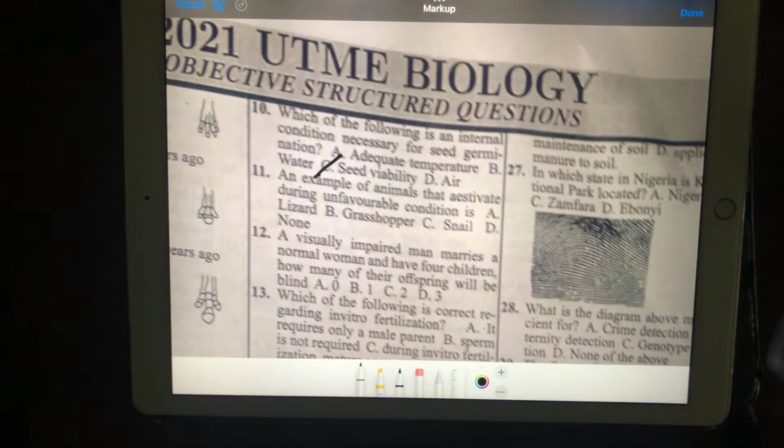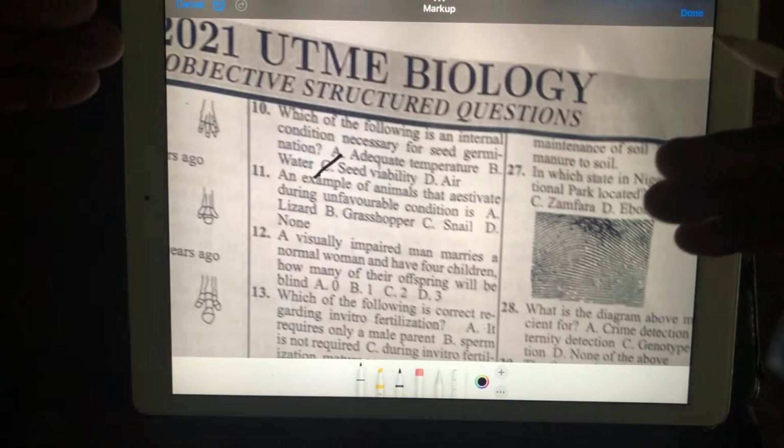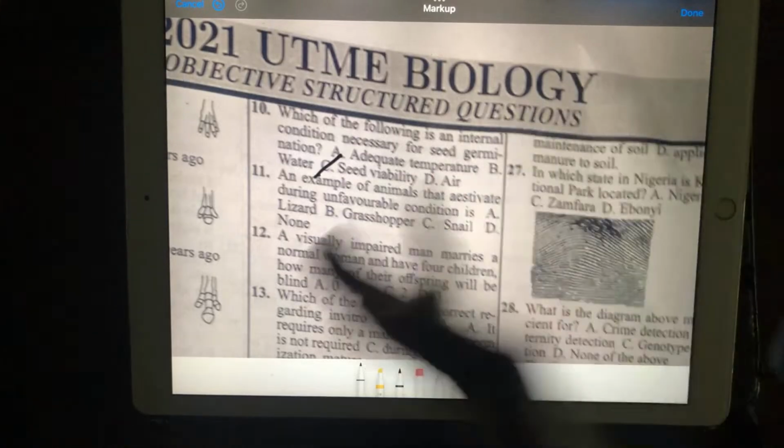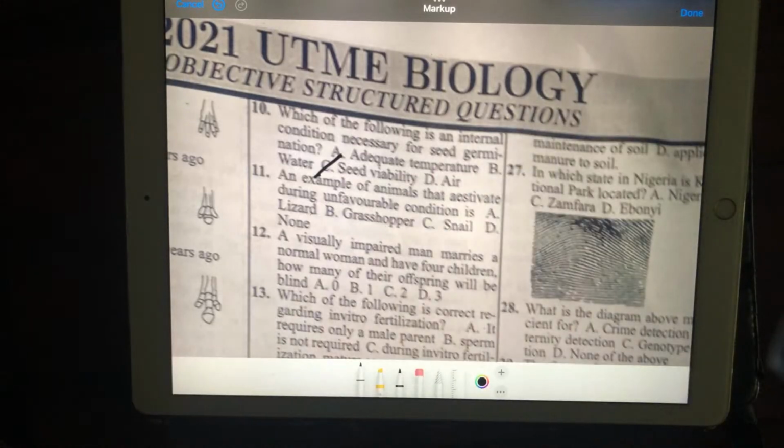Those organisms that you don't see in the hot weather, but you see them when the weather is cold, we say they estivate. But those organisms that you don't see during rainy season, when the environment is cold and moist, we say they hibernate. So when it's cold and moist, they look for somewhere that is a bit hot to hibernate.